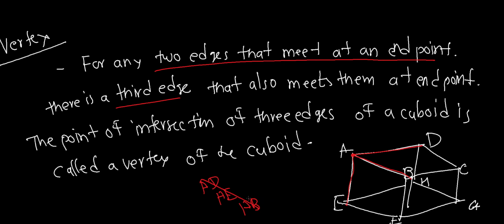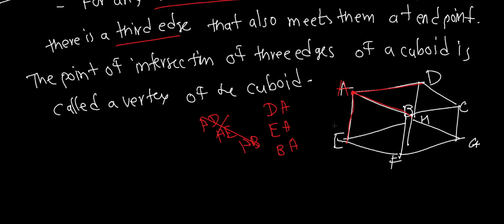So DA is an edge, then EA as an edge, and BA as an edge, and they are all meeting at the endpoint A, and A is the vertex, and based on that the vertices of this cuboid are A, B, C, D, E, F, G, and H. We have given names to those points.